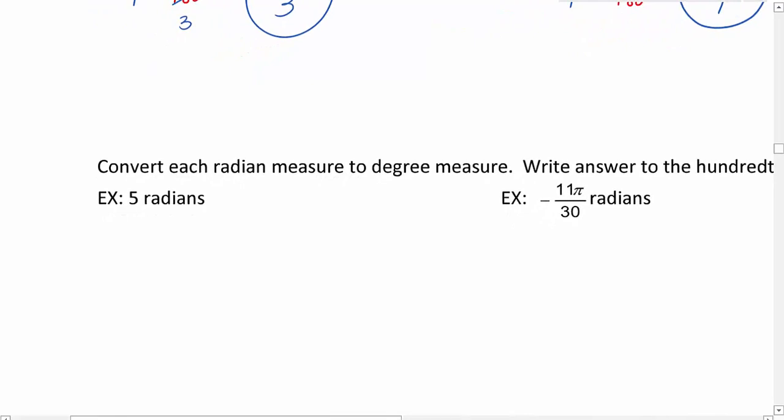Starting with 5 radian, we're going to multiply it by the unit fraction 180 divided by pi. So you're just going to multiply straight across, divide by pi, put it in our calculator, rounding to the nearest hundredth, we're going to get 286.48 degrees.